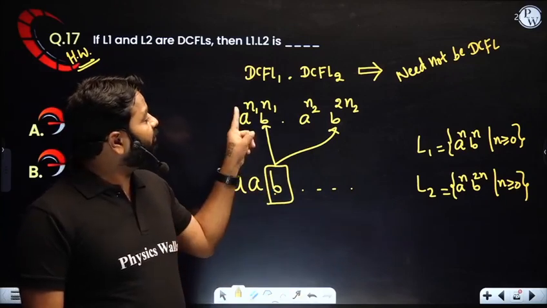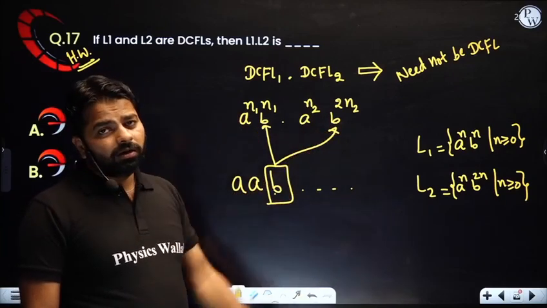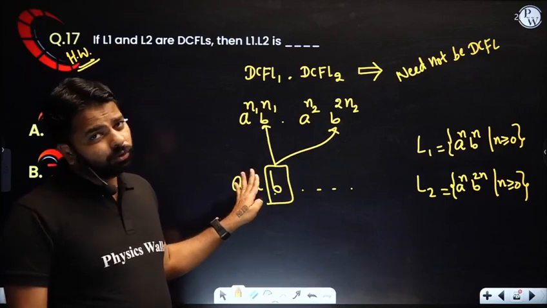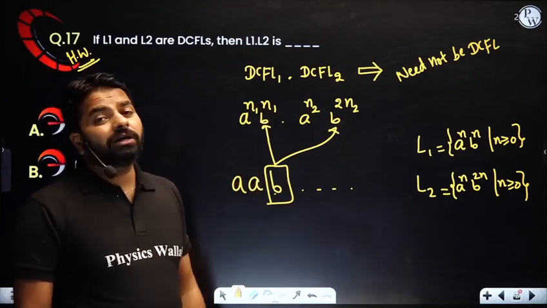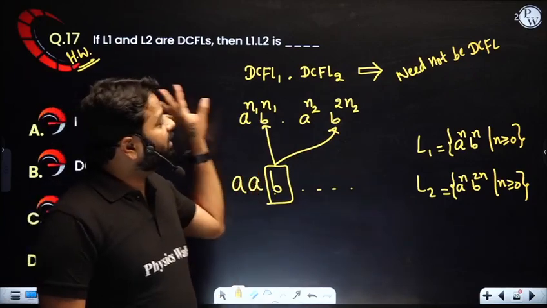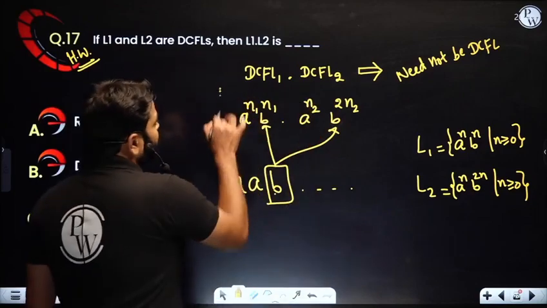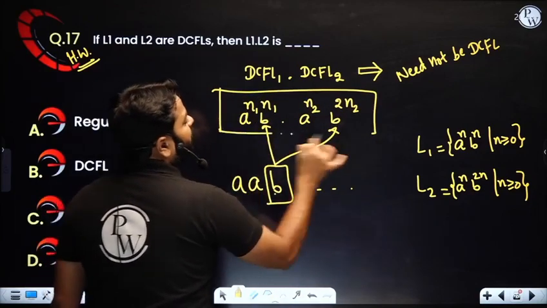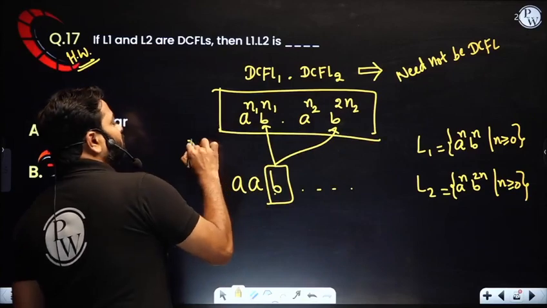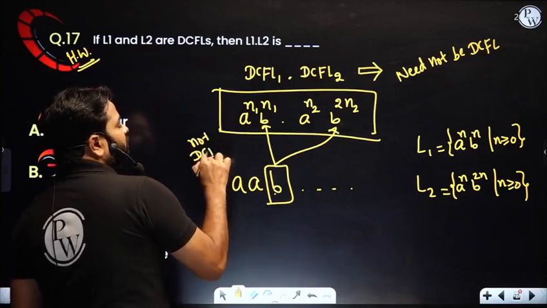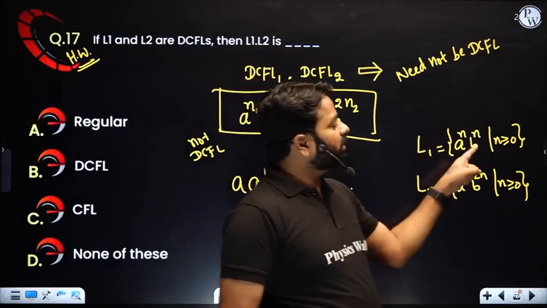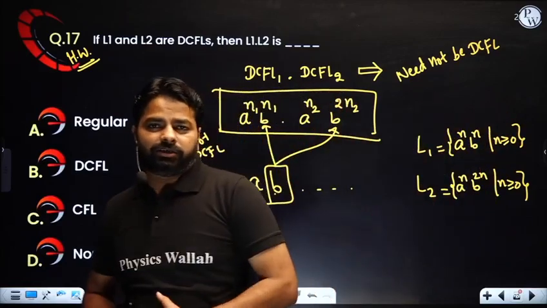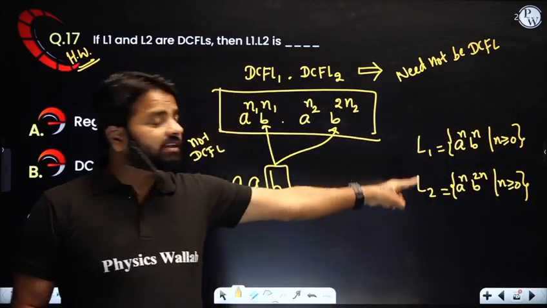This B might belong to this one or to this one. For the A's you may take a decision, push all the A's, but for this B you can't take a unique decision. That's why the result of this one is not DCFL. Even though individually both are DCFL, when you concatenate, you don't get a DCFL for this example.